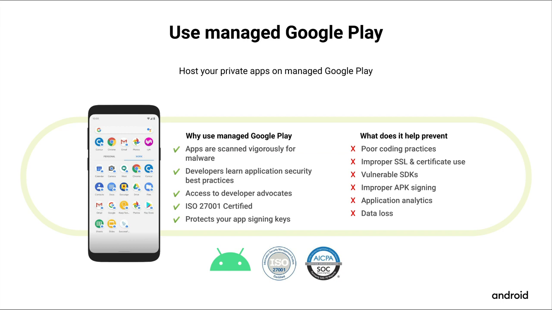And then lastly, it protects your app signing keys, as I mentioned earlier, because you use what's called an upload signing key versus using private keys for your third party vendors. It helps those things that I mentioned earlier, such as the vulnerable SDKs, improper APK key signing. It also allows you to have analytics on your apps, and it helps prevent data loss from building insecure apps.